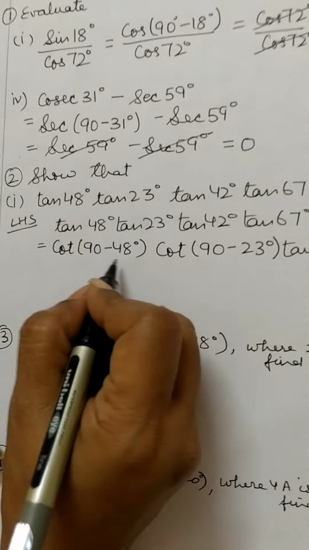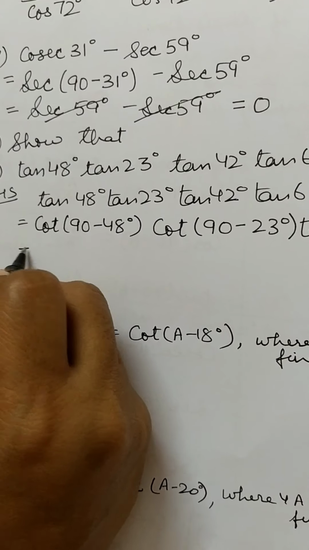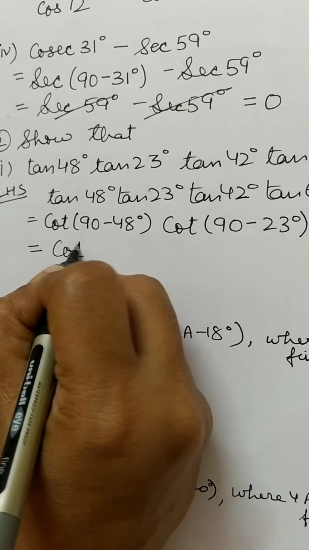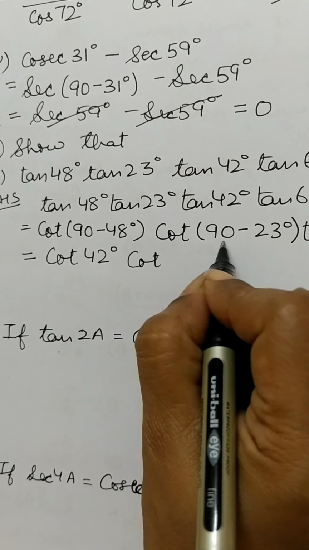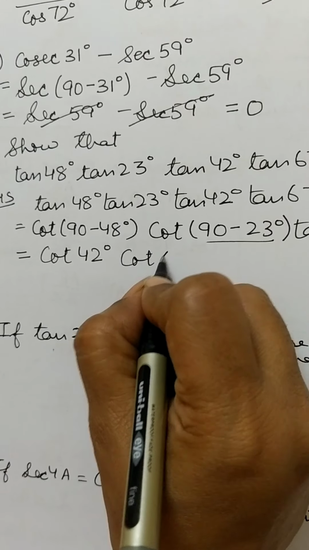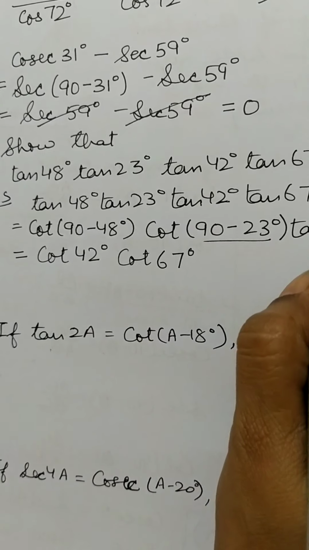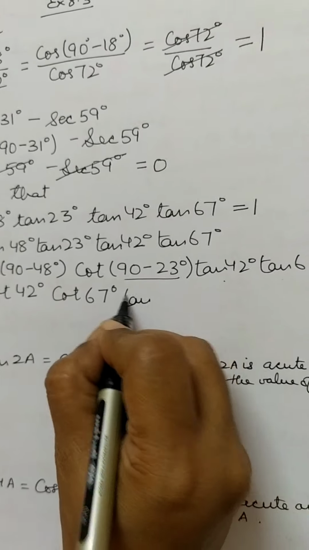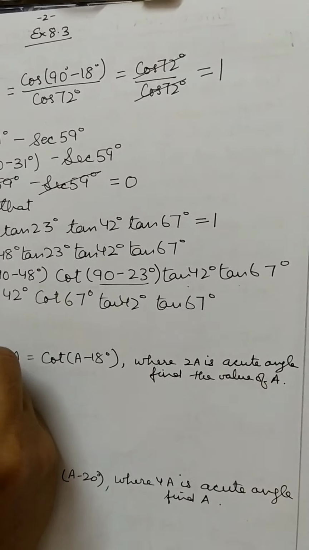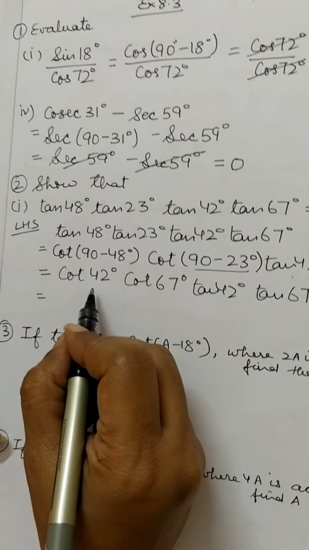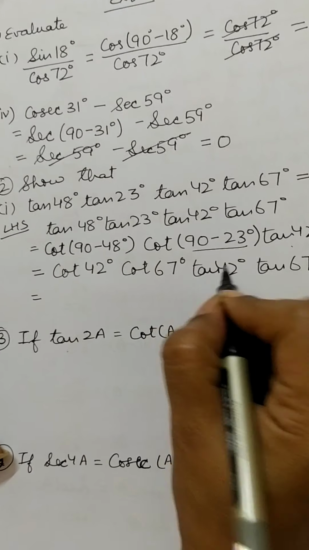Now cot 90 minus 48, what is 90 minus 48? Is 42. Cot, what is 90 minus 23? It is 67. These 2 terms bring down as it is. Now you know children that cot theta is reciprocal of tan theta.